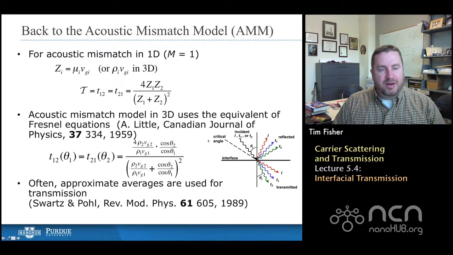And therefore, my transmission function, script T, is equal to T12 and T21.